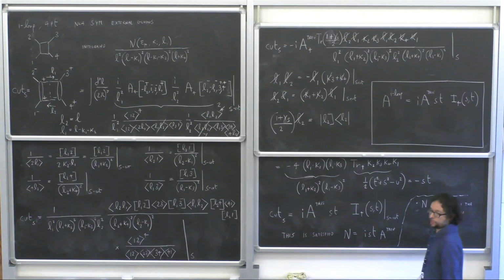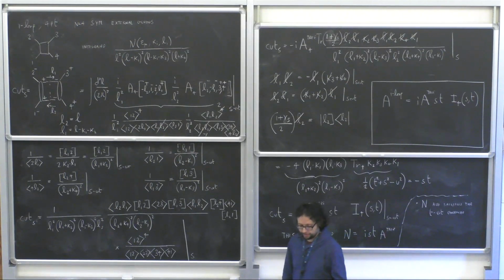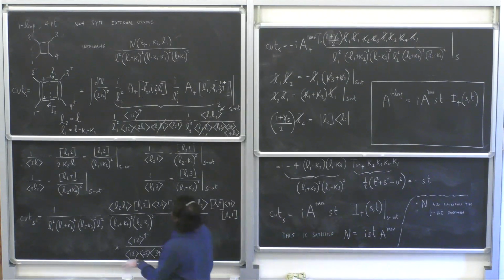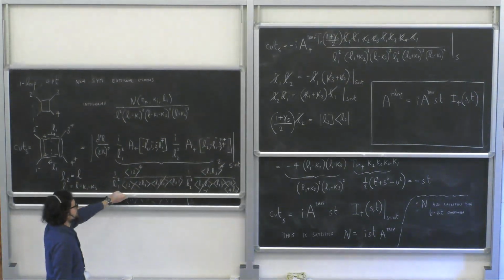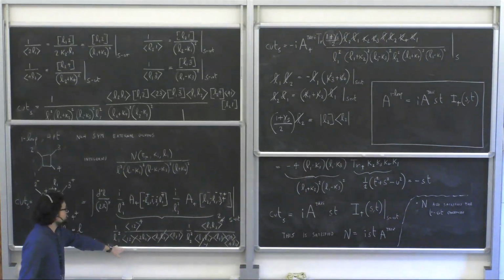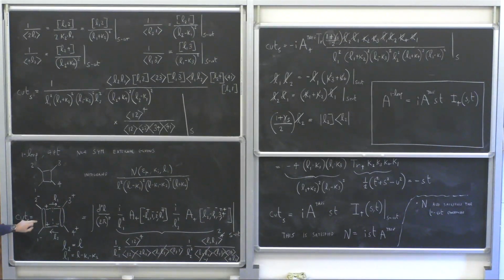And somebody can object to that because it requires slightly less trivial manipulations at the level of the numerators, for the following reason. Here I've used a very simple property of this amplitude, the fact that having the same polarization on the same side of the cut forces me not to exchange too many things.